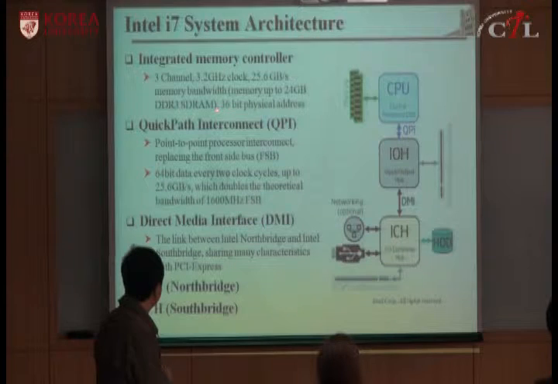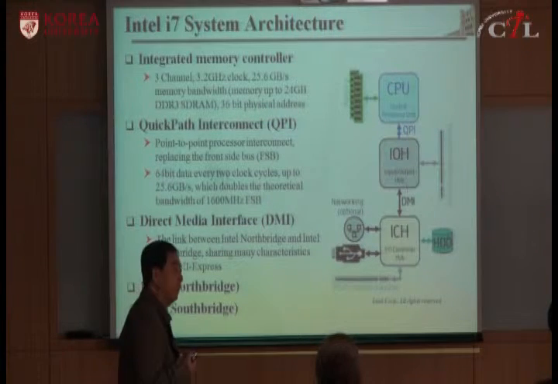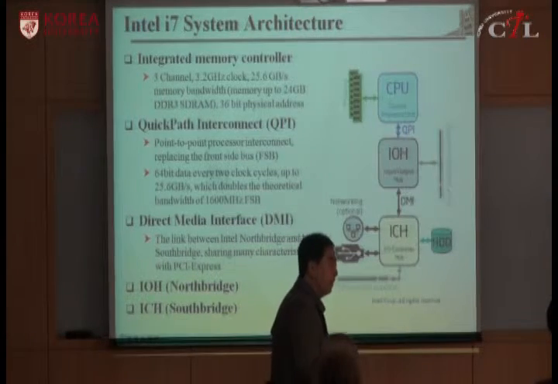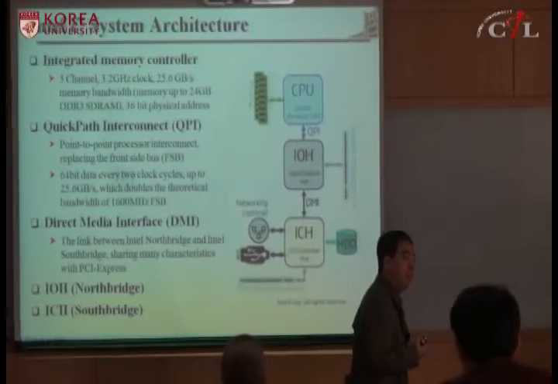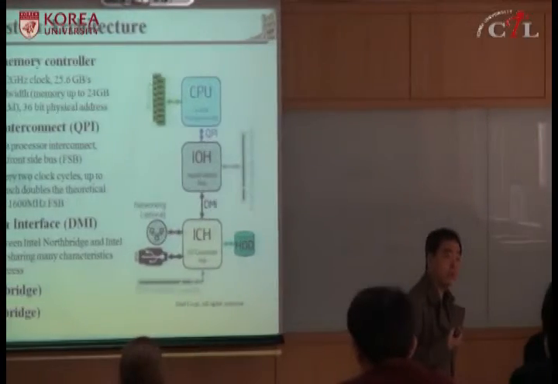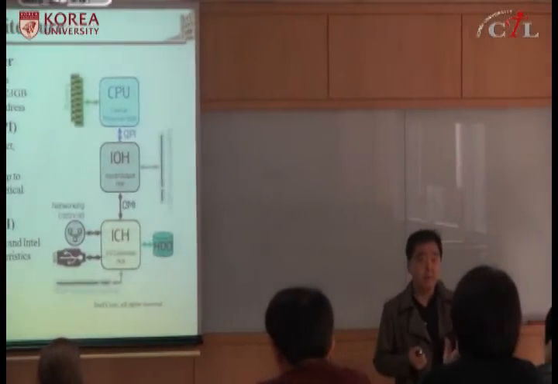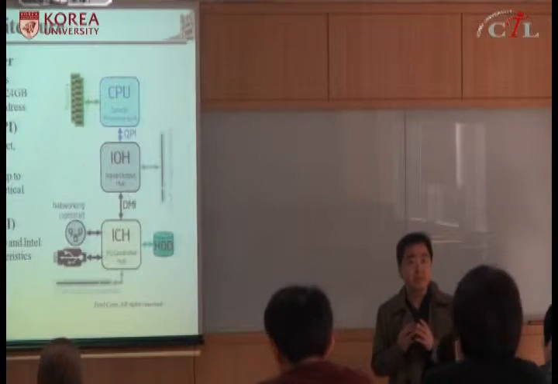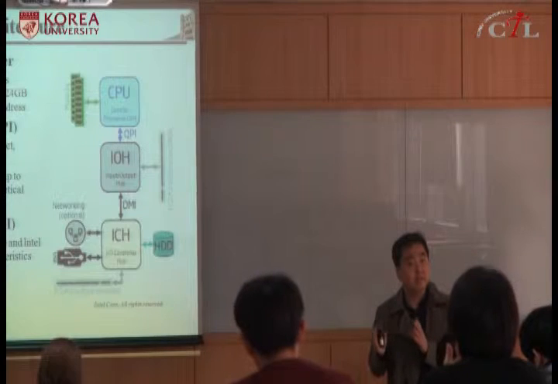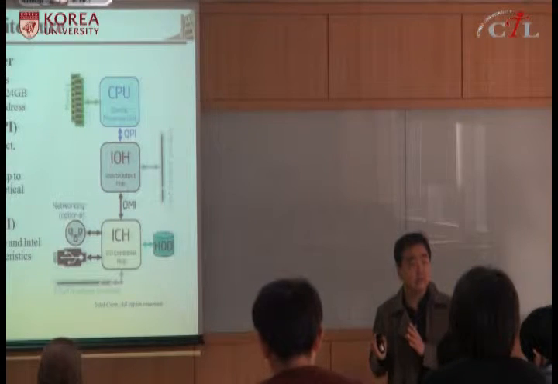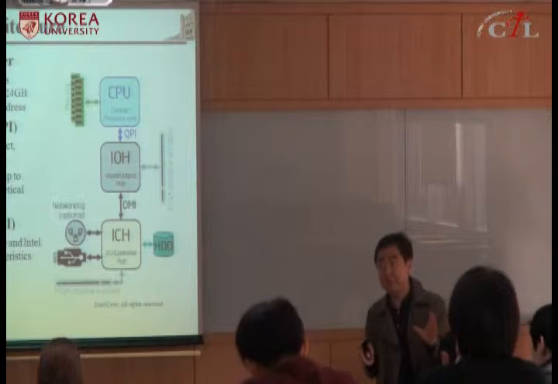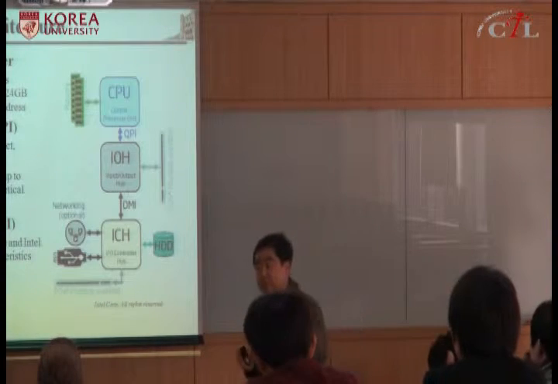And they support 32-bit physical address, which means their maximum DRAM using i7, maximum memory, is only 64 gigabytes, even though they are 64-bit processors. Address size is not always the same as data size. For a 32-bit processor, they used to implement 32-bit address.